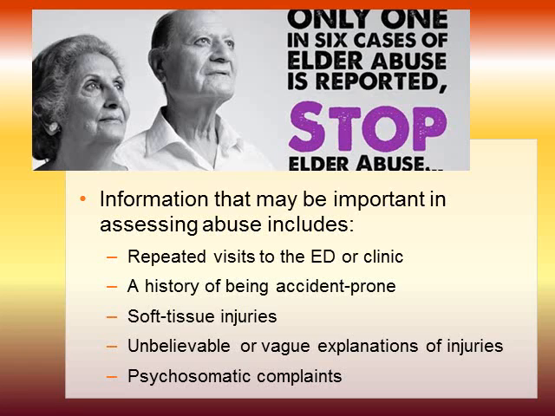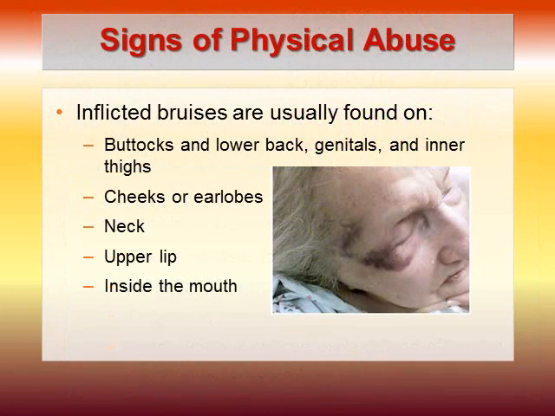So try to get a good history, but always have a little bit of an index of suspicion, because many of our older patients, unfortunately, are not getting the care and attention that they probably earned from their years. Another thing associated with this is retribution. Sometimes the victim was at one time the abuser.